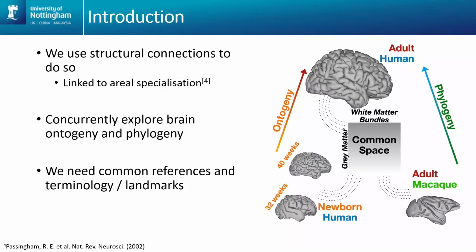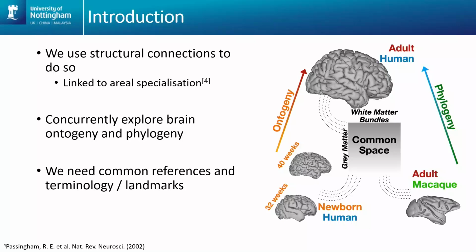So measures such as allometry, although they've taught us quite a bit about this, are quite limited. And so we look towards structural connections to explore brain ontogeny and phylogeny instead. And these structural connections are closely related to area specialization in the brain, as structure defines functional boundaries. So we look to use structural connections to build a common space in which we can explore brain ontogeny and phylogeny.